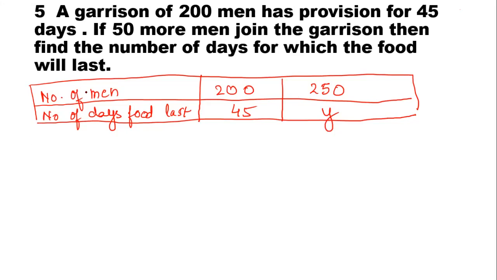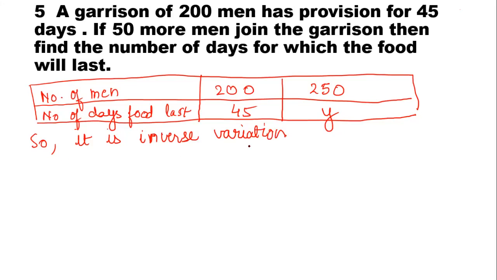So it is a question of indirect variation because number of men increase करेंगे तो number of days food last will decrease, क्योंकि ज्यादा men होंगे तो ज्यादा खाना खाएंगे और कम दिन food चलेगा. Is it clear? So it is inverse variation.